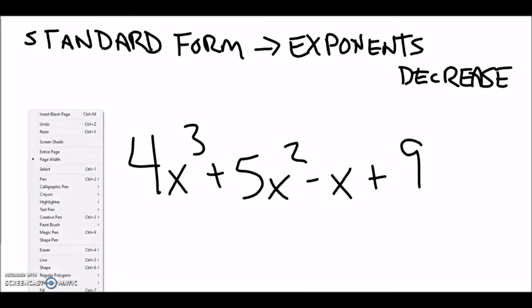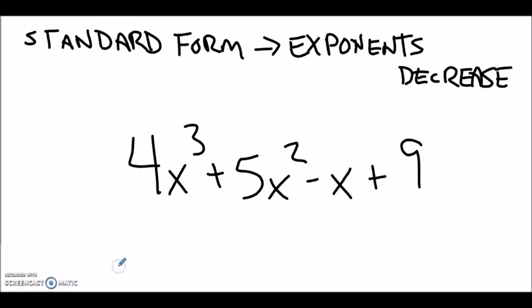Ask ourselves, is this in standard form? Of course, because our 3, 2, our exponent of 1, which is hiding, and our x to the 0, which is hiding, are decreasing. 3, 2, 1, 0. Perfect. So this is standard form.